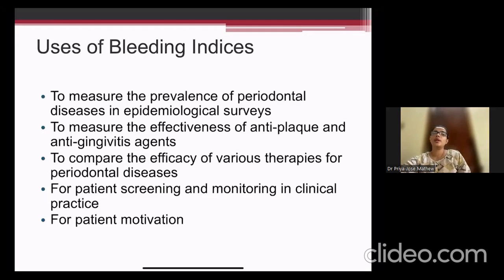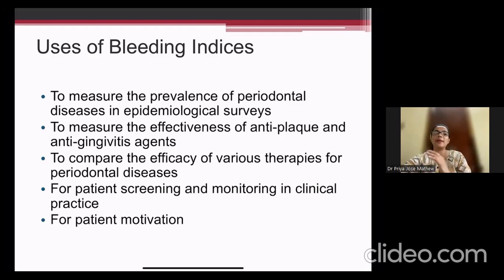So what are the uses of bleeding indices? It helps to measure the prevalence of periodontal diseases in epidemiological surveys. It helps to measure the effectiveness of anti-plaque and anti-gingivitis agents. And it helps to compare the efficacies of various therapies for periodontal diseases. It also helps the patient screening and monitoring in clinical practices.